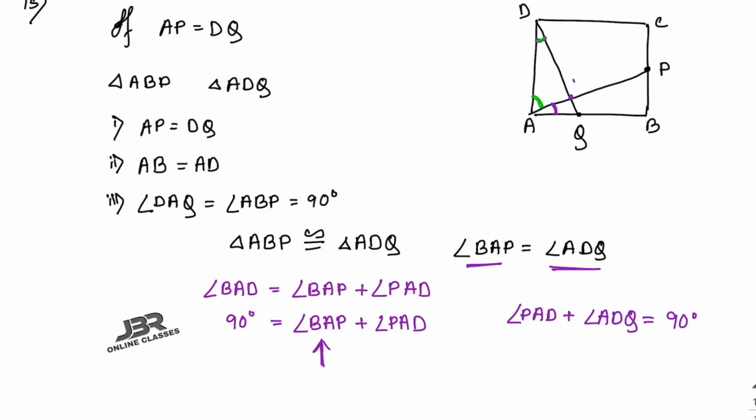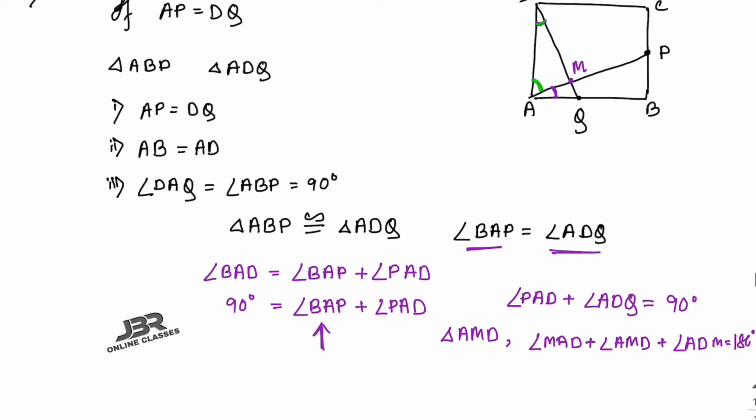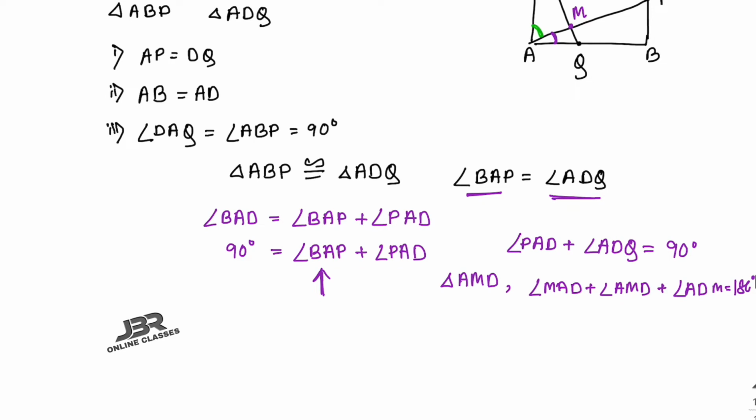Now if this intersecting point is M, you can write triangle AMD: angle MAD plus angle AMD plus angle ADM equals 180 degrees. Now angle MAD and angle ADM, the addition of these two angles is 90 degrees, plus angle AMD equals 180.